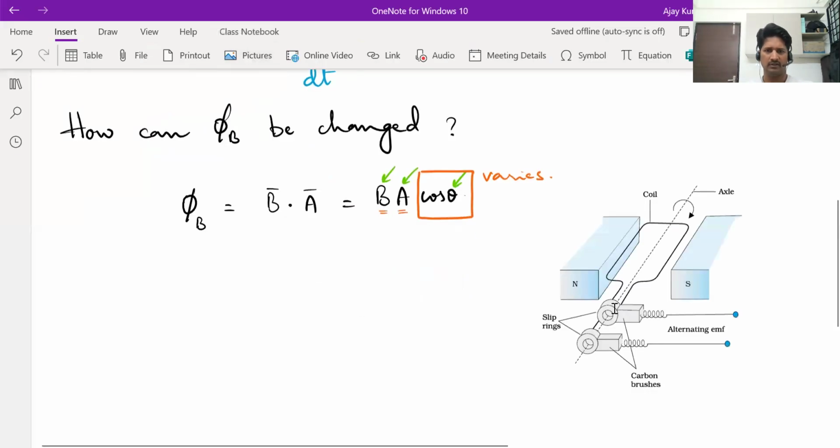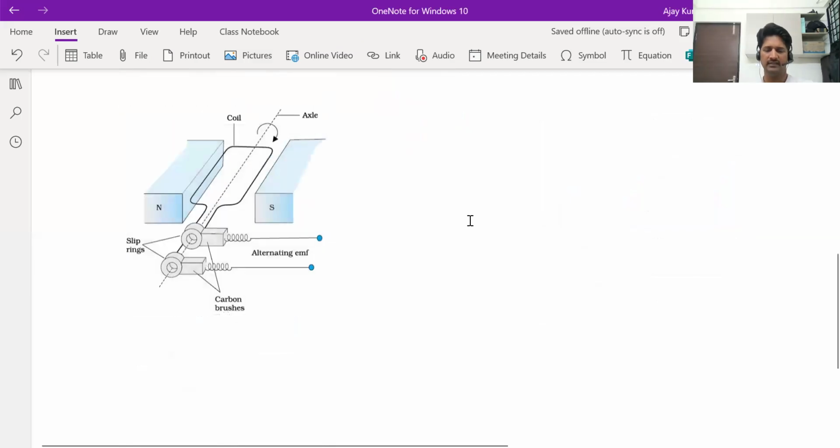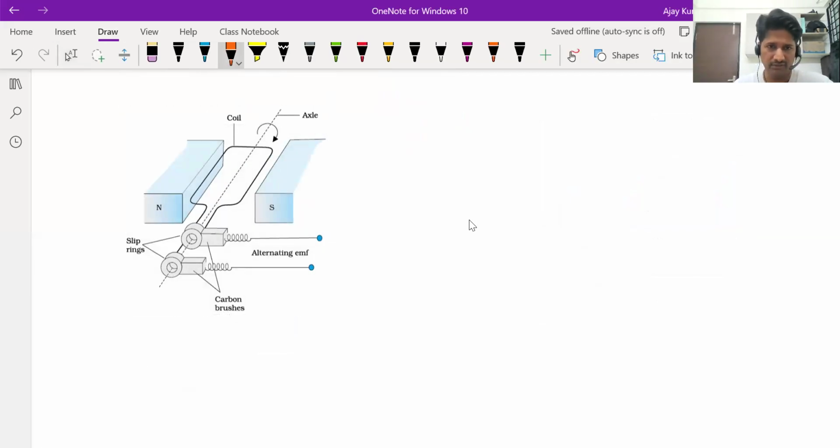This is from your textbook itself. So in an AC generator, you find something like this. Now, as you can see, there is a north pole and a south pole here. These two belong to permanent magnets. So there are permanent magnets in an AC generator.